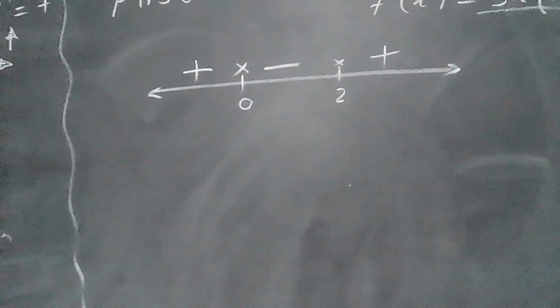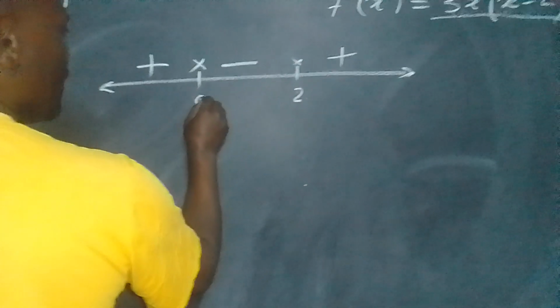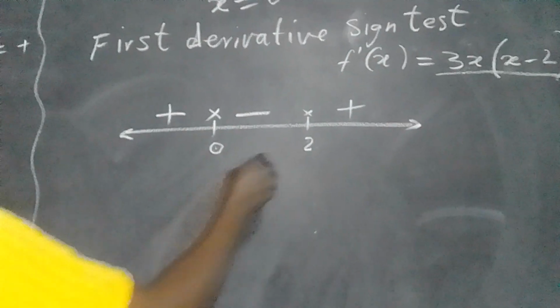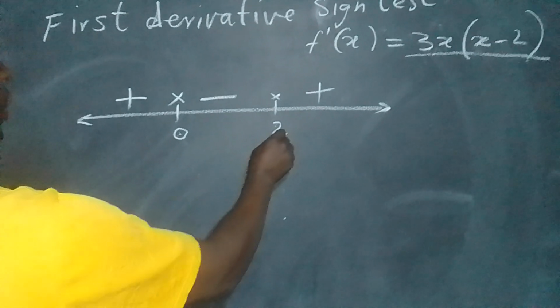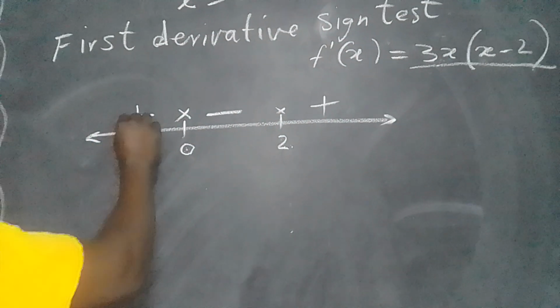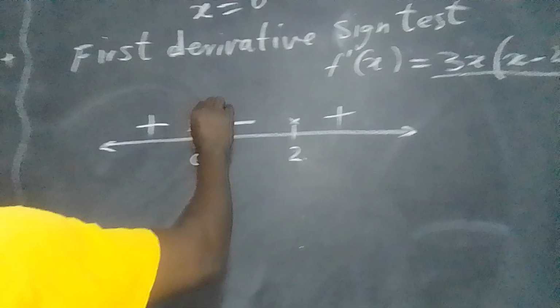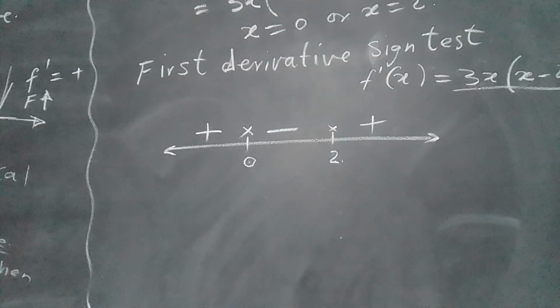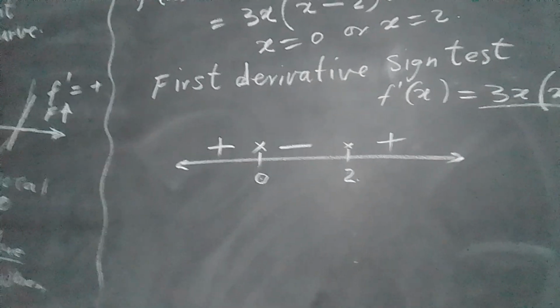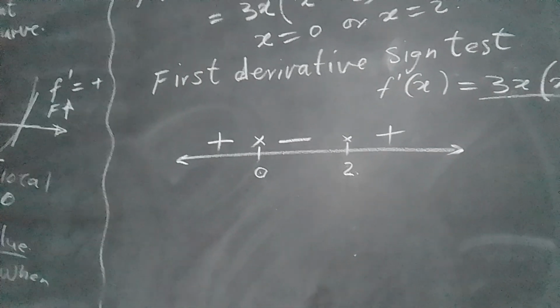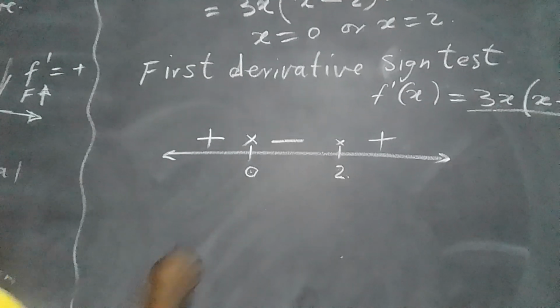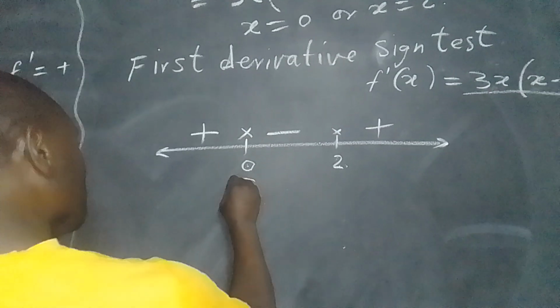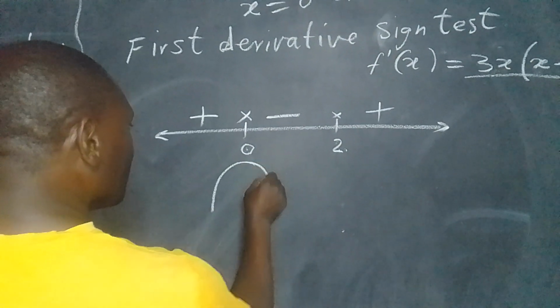Now, this is our critical value. This is our second critical value. When you move from positive to negative, you are decreasing. Right? And our graph stays like that.